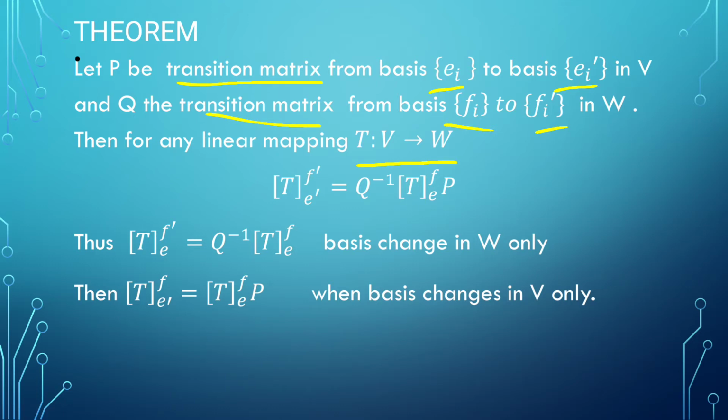For any linear mapping from V to W, for V is E basis, and for W is F basis, the transition matrix from Ei to Ei prime is P, and the transition matrix for Fi to Fi prime is Q, so that this becomes true.